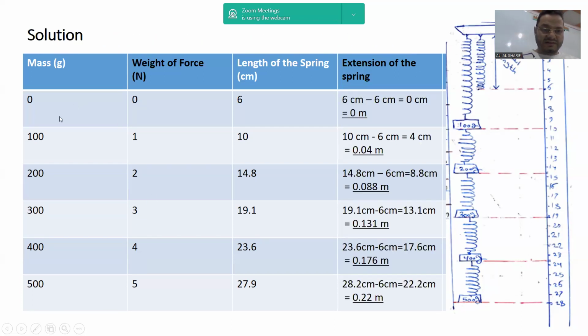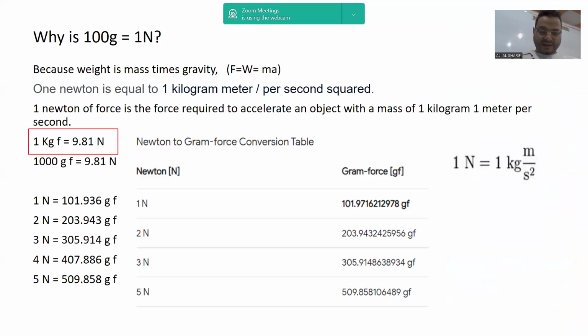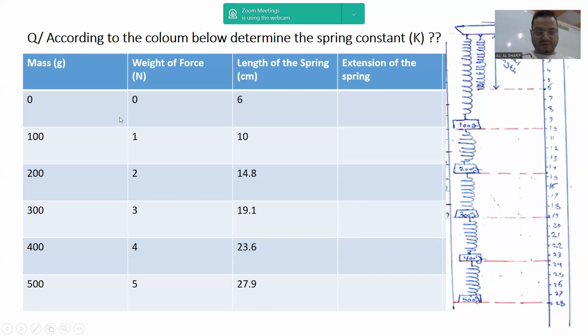I will just write 100, 200 from 0 to 500 gram, without the force in Newton, because that will be your mission. I explained to you how you can convert from gram to Newton. That means you will calculate all of these two columns, the force in Newton and the extension of the spring.